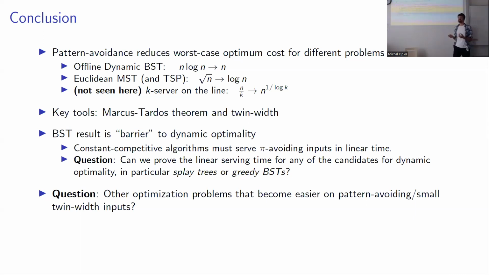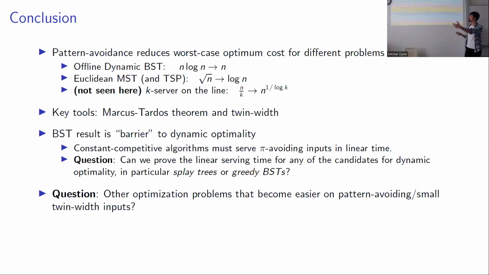But on the other hand, it's also a barrier to proving, in some sense, for some sort of BST balancing strategy to be dynamically optimal, because this has to hold for it. So in particular, if splay trees are in fact dynamically optimal, then they have to sort every pattern avoiding sequence in linear time, right? So it's yet another property that they have to have in order to be dynamically optimal.